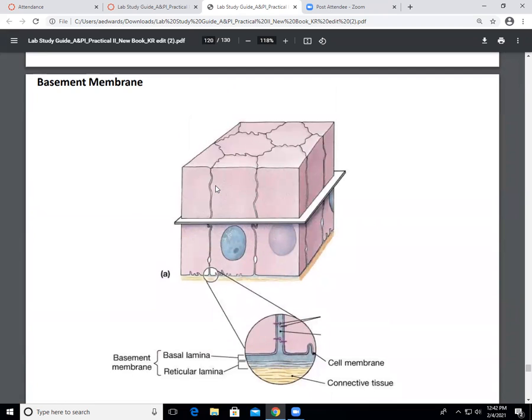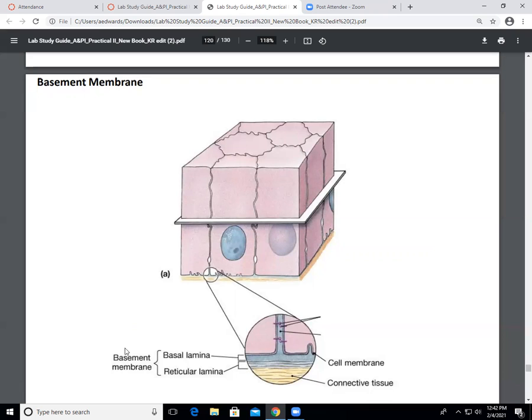All right, here I want you to see, this is a basement membrane. So here you got your epithelium, and deep to that, you have a basement membrane that it attaches to. And that basement membrane is made up of 2 layers. We have a basal lamina that's directly touching your epithelial cells, and deep to that, you have reticular lamina.